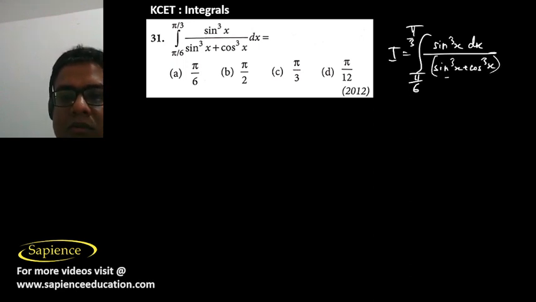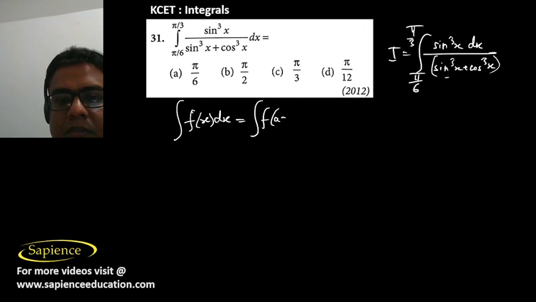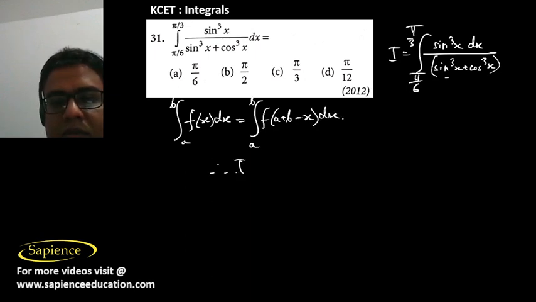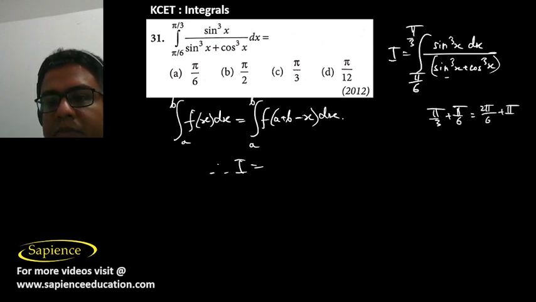Now we know that the integral of f(x) dx from a to b is equal to the integral from a to b of f(a plus b minus x) dx. So now pi by 3 plus pi by 6, that is 2 pi by 6 plus pi by 6, that is 3 pi by 6, which is pi by 2.